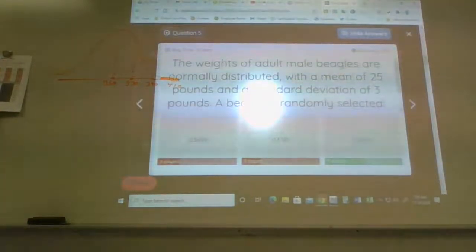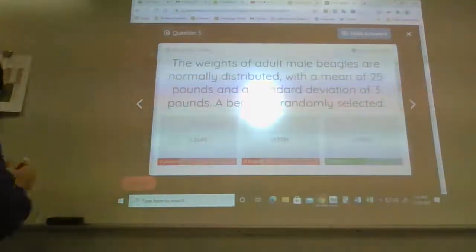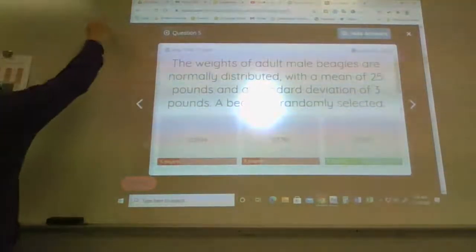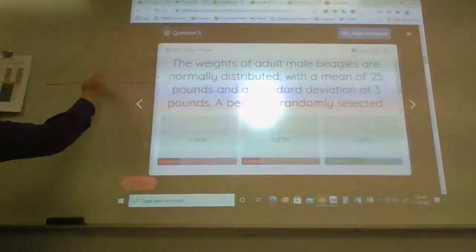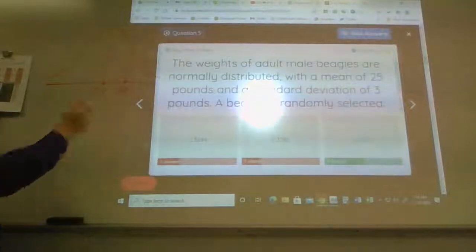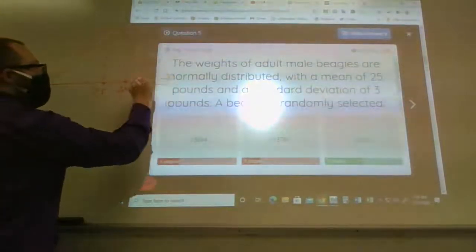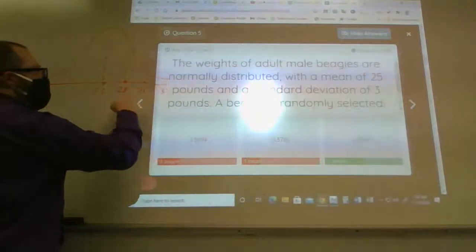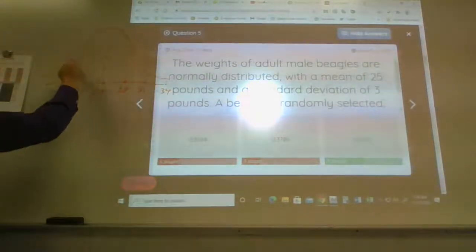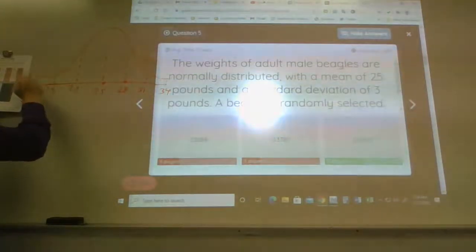Given that it's multiple choice, you could estimate approximately what the answer would be. Normal distribution, 25 right in the middle. You said this would be 28 because of the standard deviation. 31, 34, 22, 19, 16.